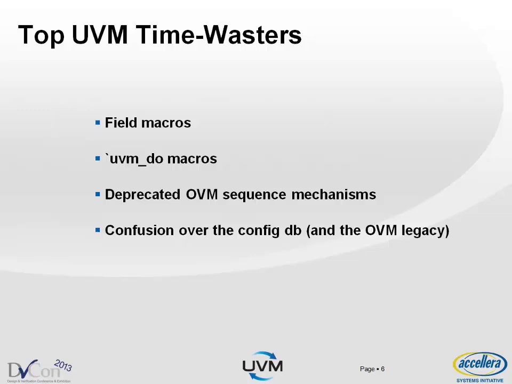These are the things that come back to me most frequently from real users in terms of what's wasted their time. So here are some great big pitfalls for you to carefully step around and avoid falling into. Top time wasters I'm going to talk about: field macros, do macros, deprecated mechanisms, confusion over the configuration database. I'll just pick out a few of these things.